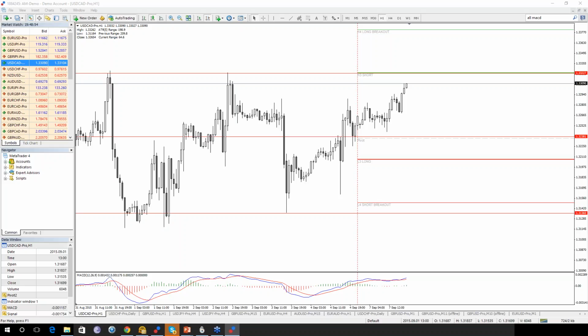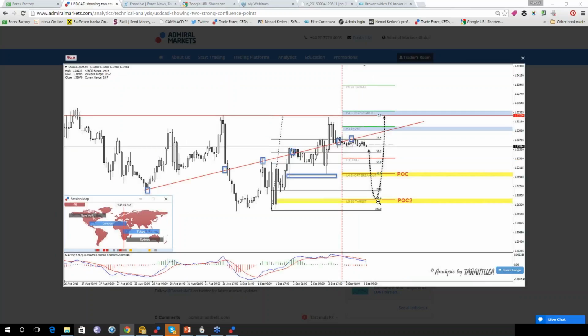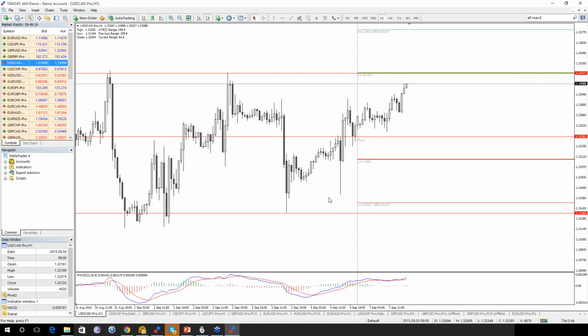That was the best trade, really, because we didn't have a single pip of drawdown. Straight from the POC here after the news, and we went heavily to the upside here.